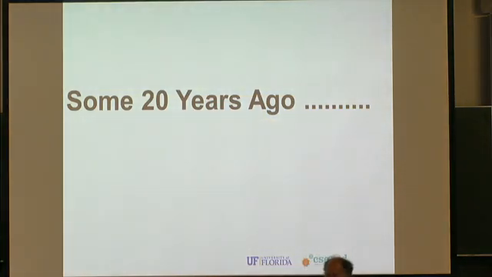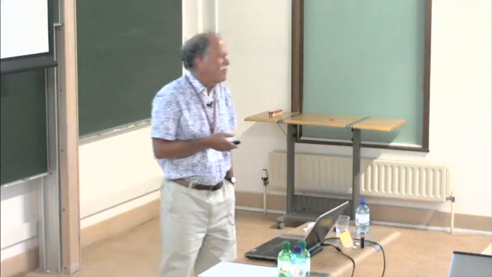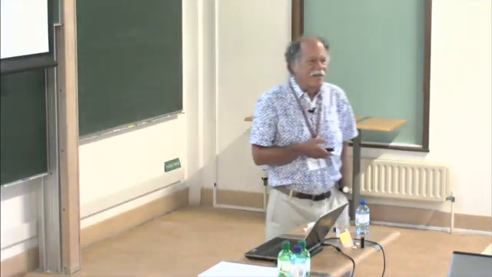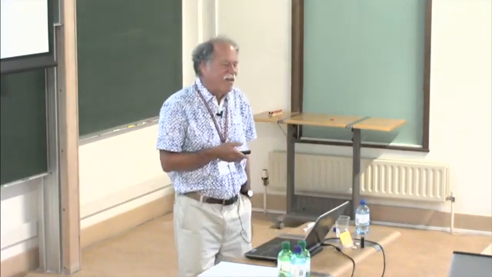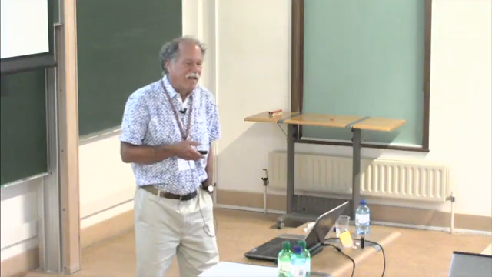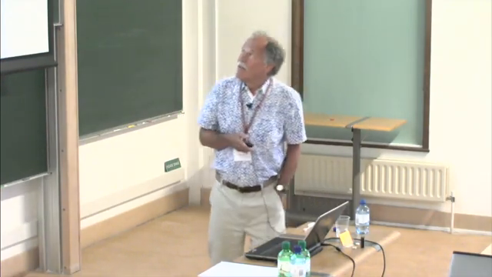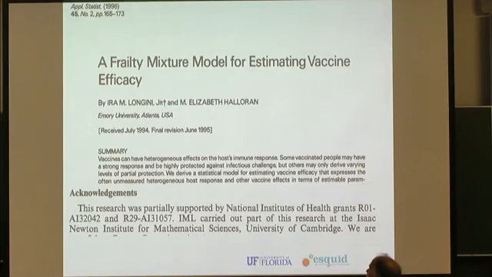So let's look at what happened 20 years ago, at least for me, when I arrived here. It was, as I said, an extremely important part of my development. I developed a model which I want to briefly go through. The model was published a couple of years later in 1996 in the Journal of the Royal Statistical Society C, called a Frailty Mixture Model for Estimating Vaccine Efficacy by Betsy and myself.